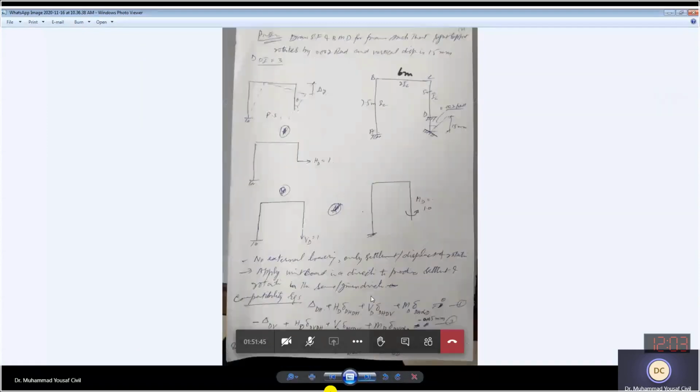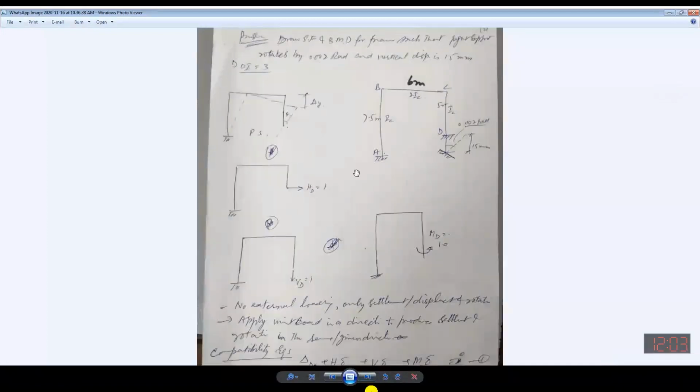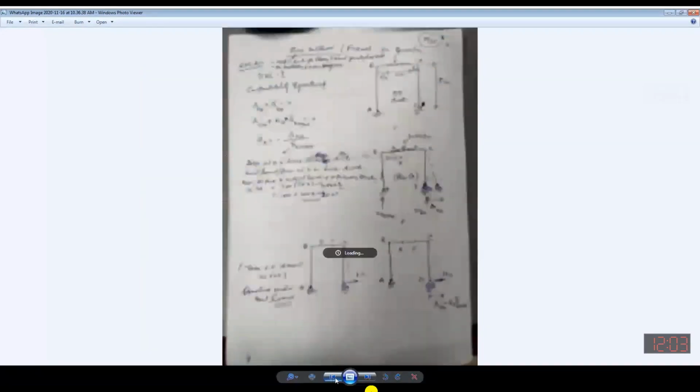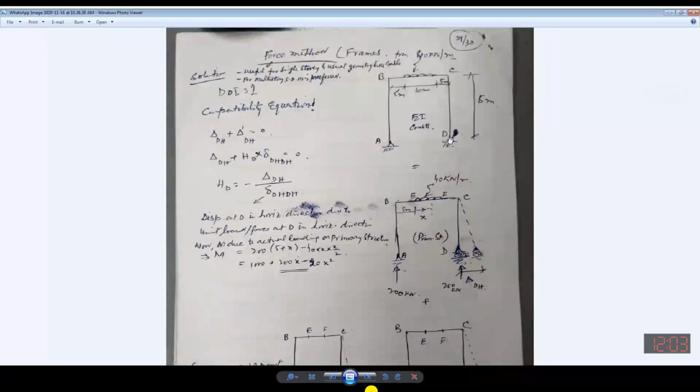What will be the condition? Then you have seen, अगर CR या कोई भी बंदा, if I say, listen carefully, if I say under the effect of this 40 kilonewton per meter, it is displaced, this is showing you the displacement by 15 millimeter in the horizontal direction.